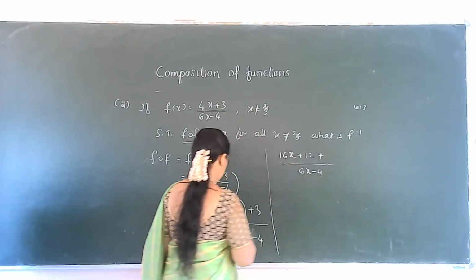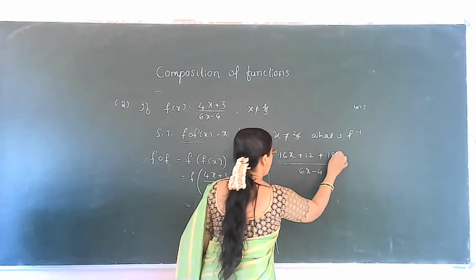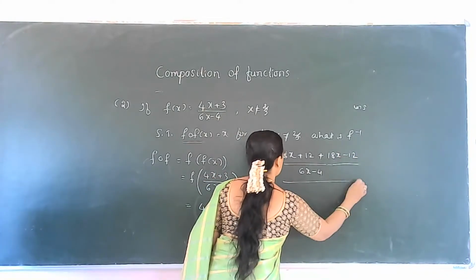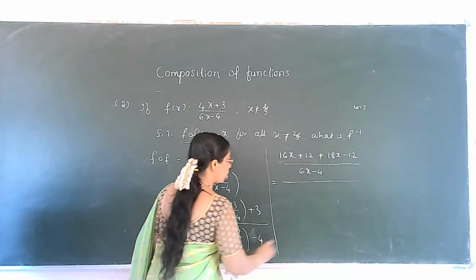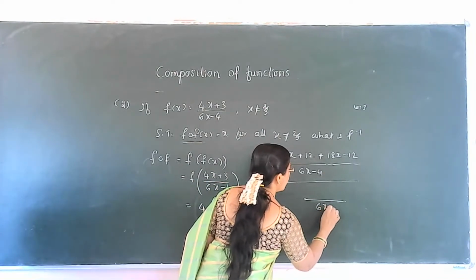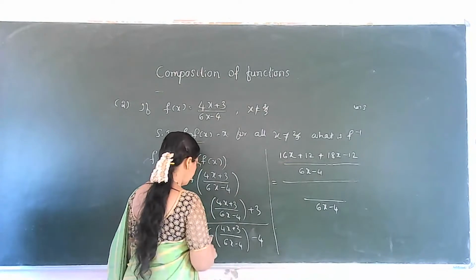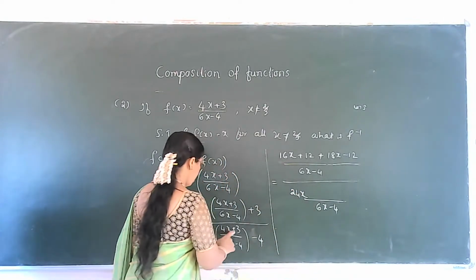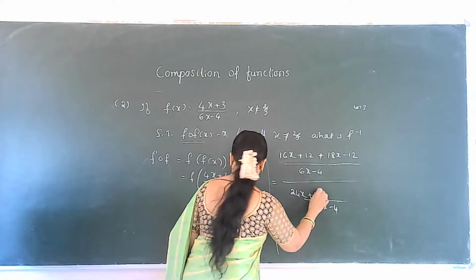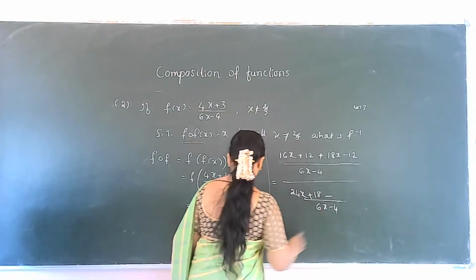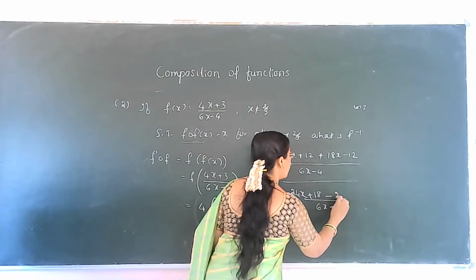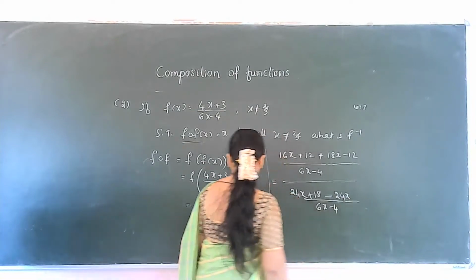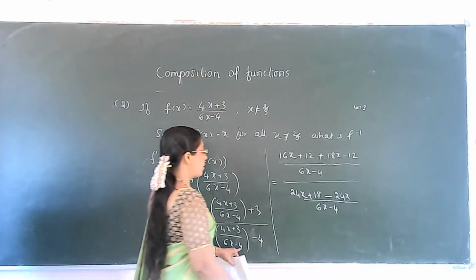Therefore 3 into 6x minus 4 is 18x minus 12. Here also the denominator is 6x minus 4. Then 16x, 24x, 18x, minus 24x, plus 6.